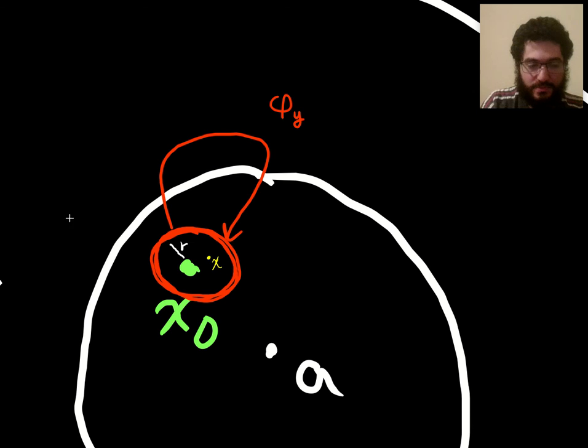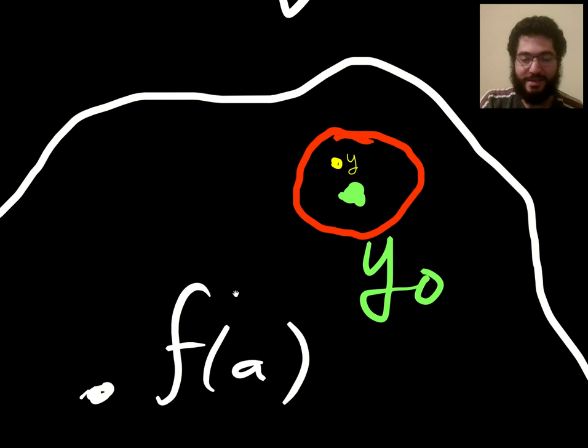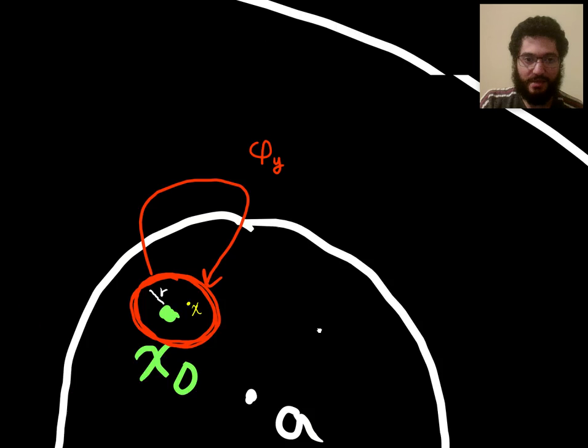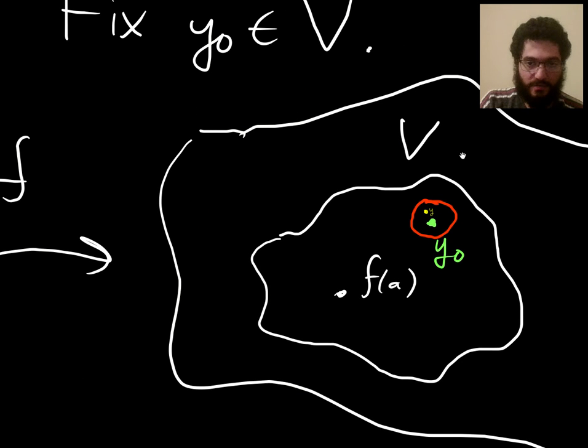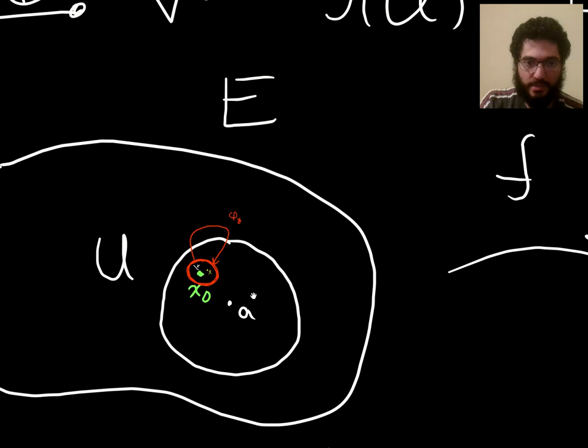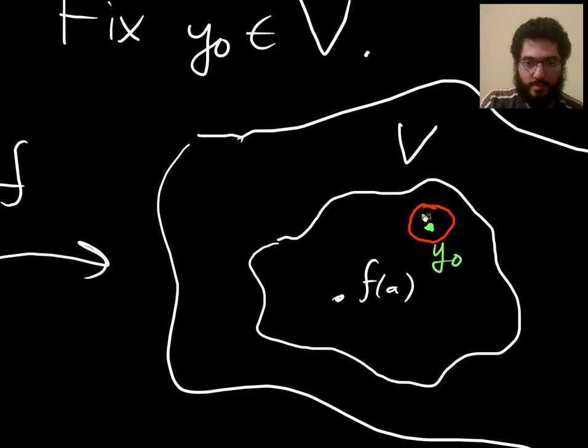So x is in U. And since x is a fixed point of phi sub y, that makes x a preimage for y, meaning the yellow x goes to the yellow y. And the definition of V over here is that it's the image of U. It's whatever is the image of U. So since the yellow x is in U, f of the yellow x must be in V. In other words, the yellow y must be in V.